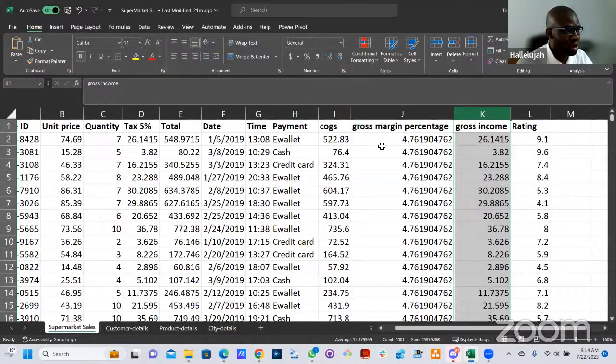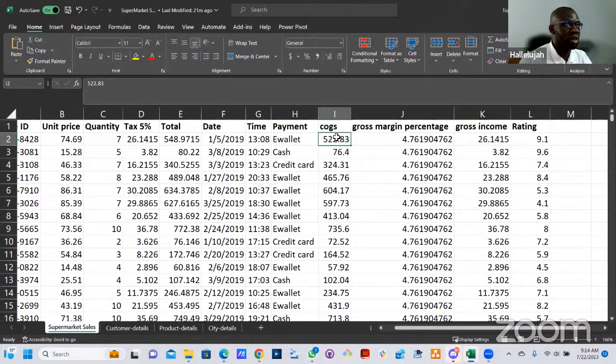income. This is like cost of goods sold. When you say cost of goods sold, it means this is the amount that you receive for those products, and then with tax, this is the amount. If you check from here, the unit price is 74.69 and the quantity is 7. So it means one of these products is selling for 74.69, and this customer actually bought 7 of them.